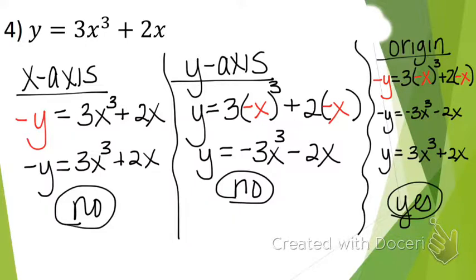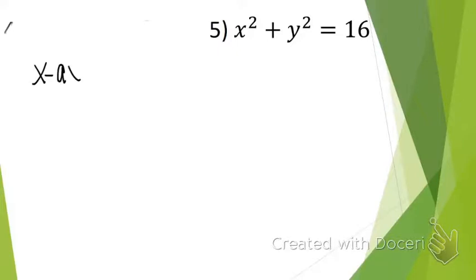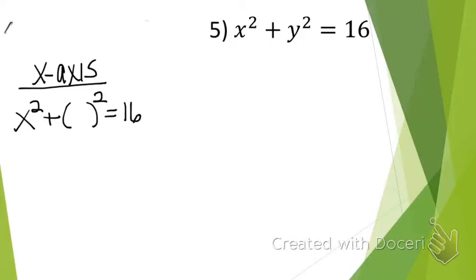One last question. Let's look at number 5. To check for x-axis symmetry, I am going to replace the y with a negative y. And when we do that, we get x squared plus negative y squared.